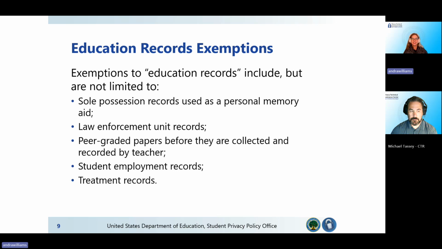There are some exceptions to the definition of education records. Those include sole possession records that are used as personal memory aids, law enforcement unit records, peer-graded work prior to being collected and recorded by the teacher, student employment records, and treatment records. So these last two, the student employment records and treatment records, are typically found at the post-secondary level, not at K-12.